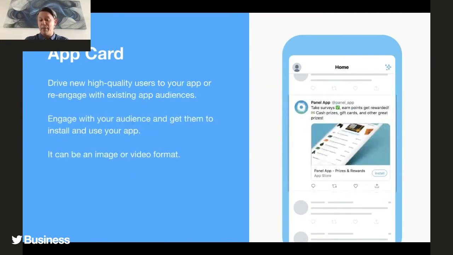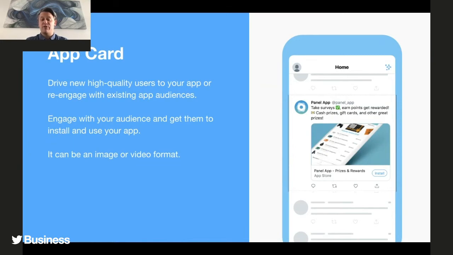Next up, we have our app card. If you are a mobile app developer and you are wanting to drive more user acquisition on the platform, this is the format that succeeds most with our customers. Much like the follower card and the website card, it gives users a one-click option to drive immediately to the App Store if it's iOS, or Google Play with Android for immediate app downloads.